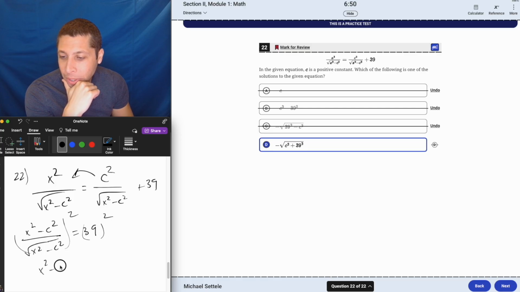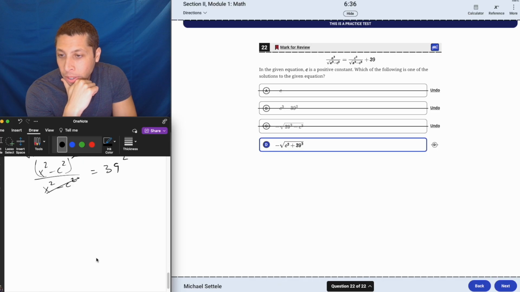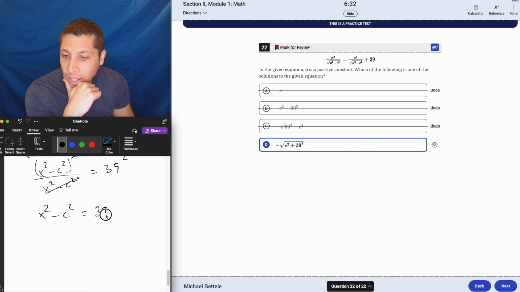So x squared minus c squared, squared, over x squared minus c squared equals 39 squared. Since there's an x squared minus c squared on the top and the bottom, I can reduce them. That leaves me with x squared minus c squared equals 39 squared.